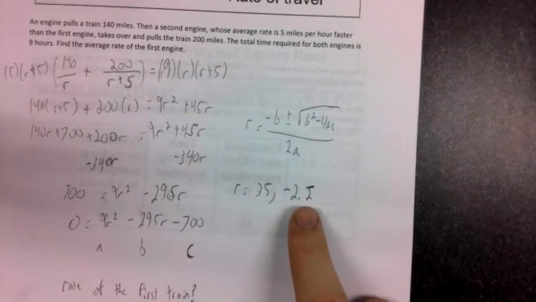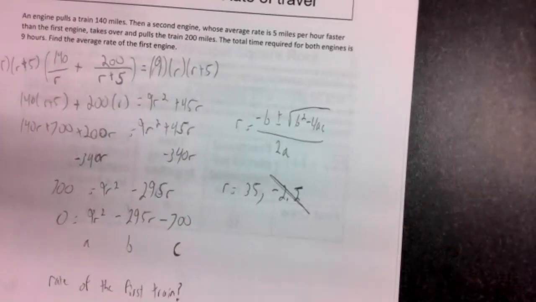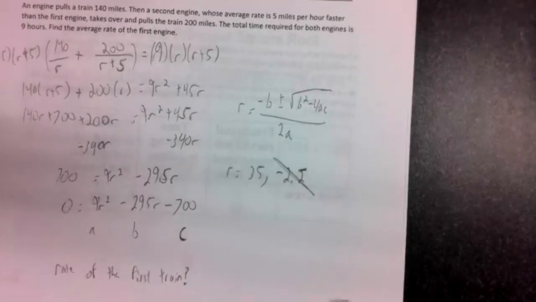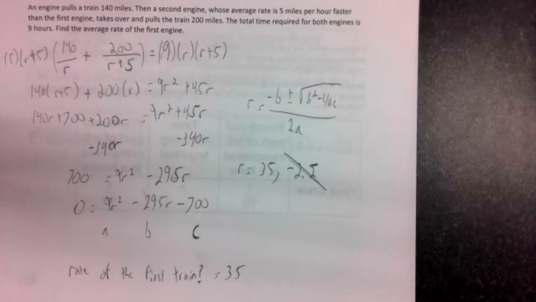So I know that this negative 2.2 repeating can't be my solution because it's negative. So I know that my rate is going to be 35 here. So what I can say is that my first engine's rate is just 35 miles per hour.